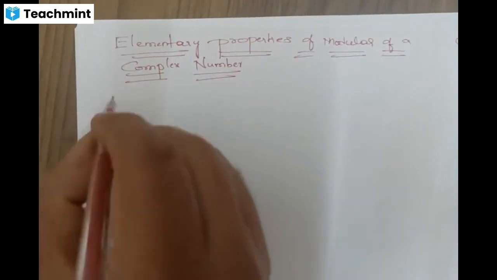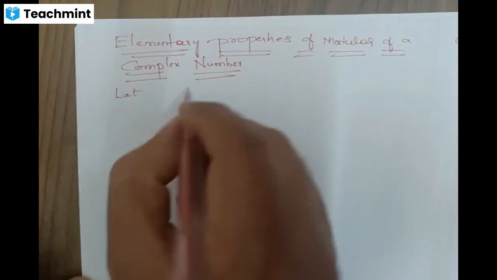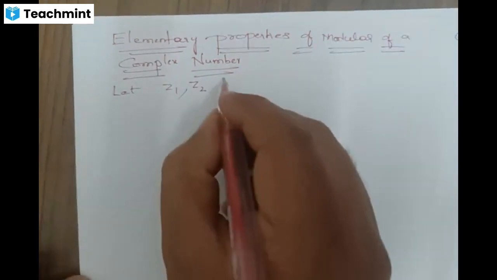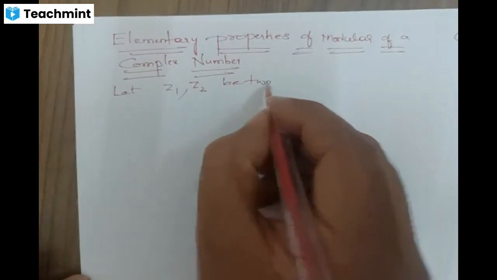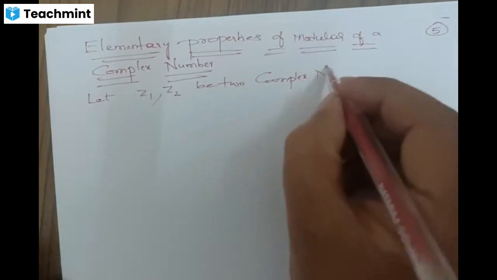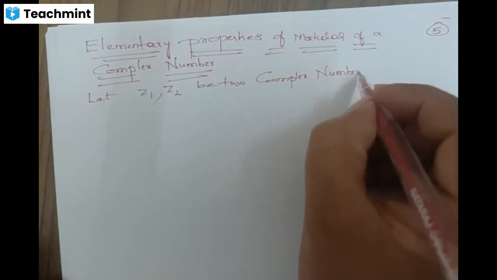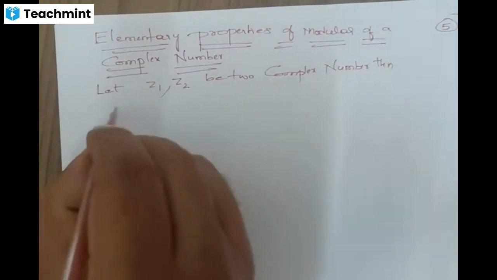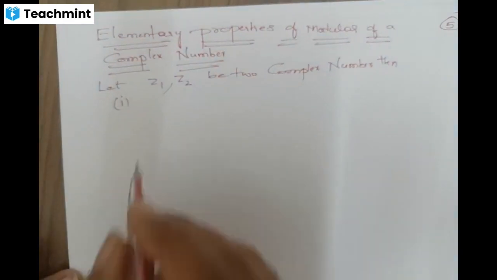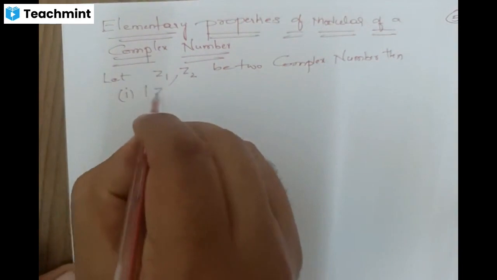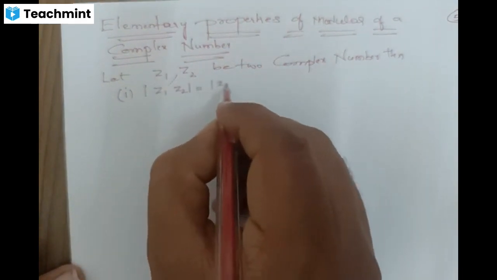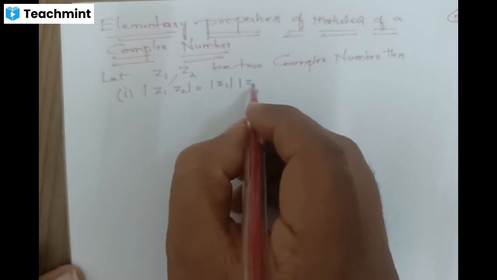Let z1, z2 be two complex numbers. Then the first one is: modulus of z1 z2 is equal to mod z1 into mod z2.